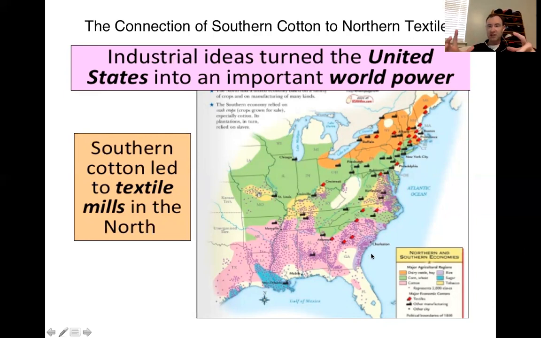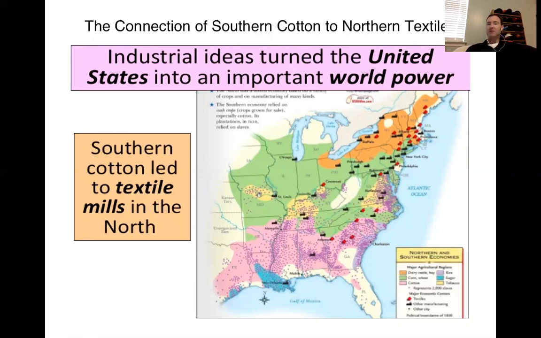Therefore, urbanization, which is the growth of cities, is going to take place much more quickly in the northern states. You can see that also with Cincinnati there, as it will with cities in the South: Charleston, Richmond, Virginia, Mobile, Alabama, and as you can see there, also New Orleans.